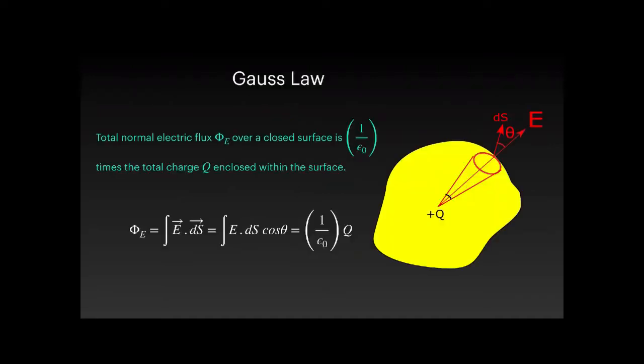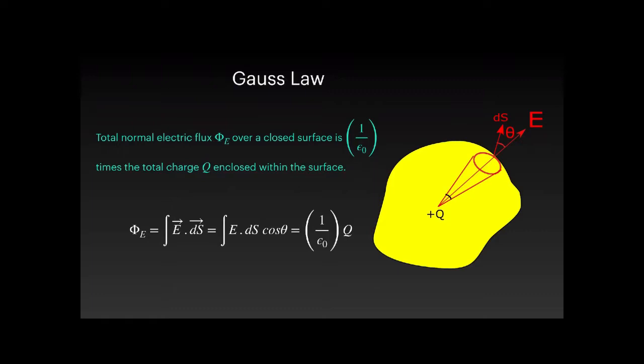According to Gauss law, the total normal electric flux phi E over a closed surface is 1 by epsilon naught times the total charge Q enclosed within the surface. So phi E equals integral E bar dot ds bar. Why we are doing the integral is because we are adding all the surface elements.